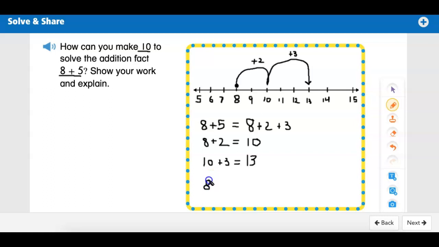So we would write on our paper that 8 plus 5 is equal to 13. So by breaking apart the 5 into 2 plus 3, we were able to make 10 and solve for 8 plus 5, which is 13.